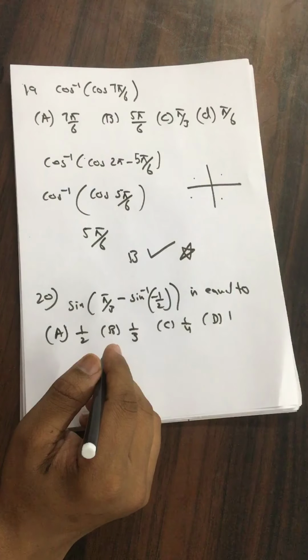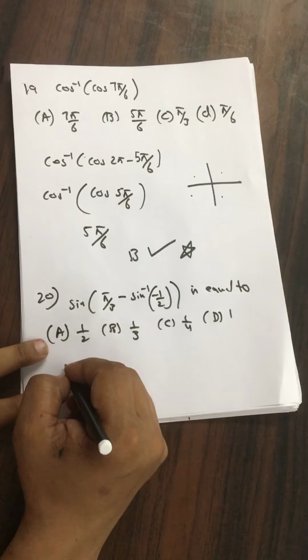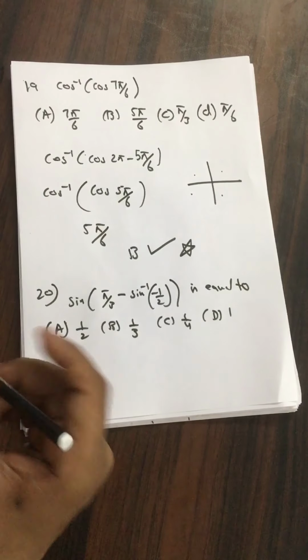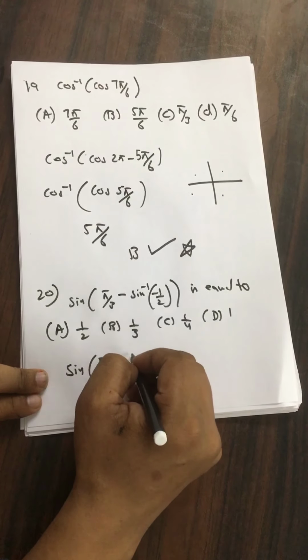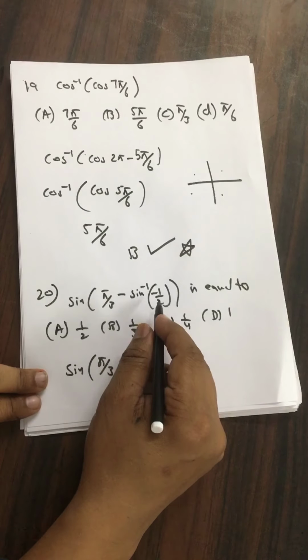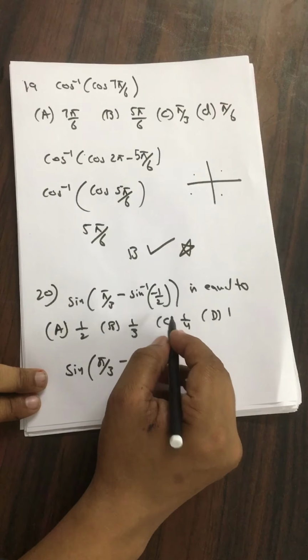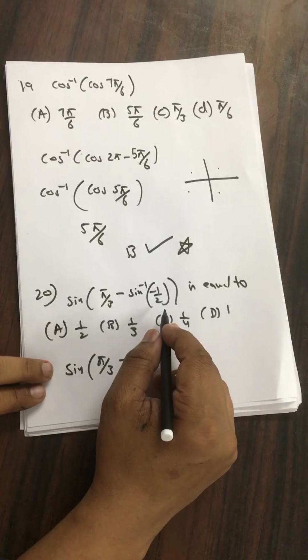This one is sine, so we can solve from the inner bracket. Sine pi by 3 minus this half we did in the first exercise. Remember, half? This minus half, what will we do?